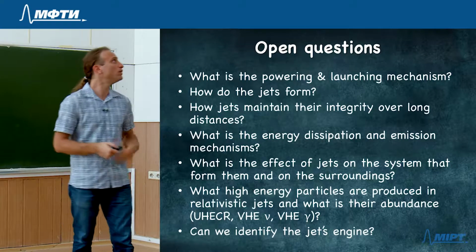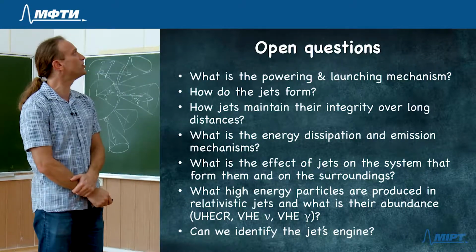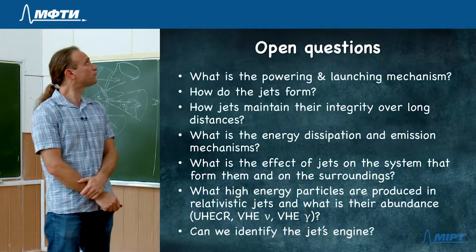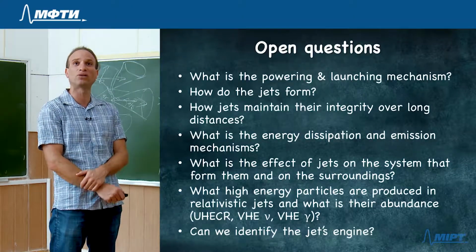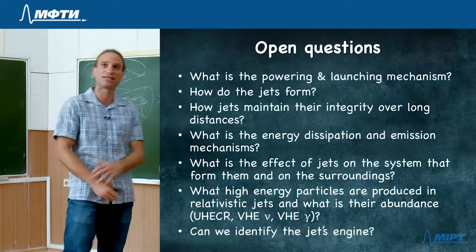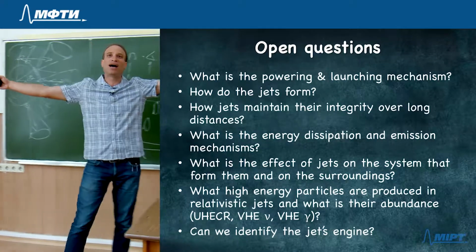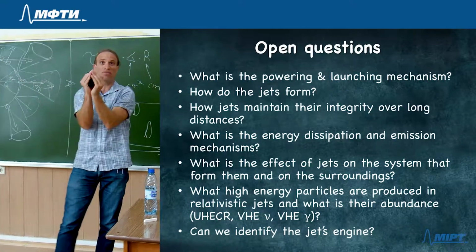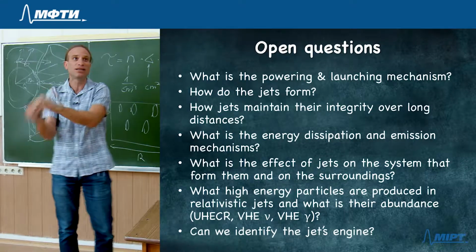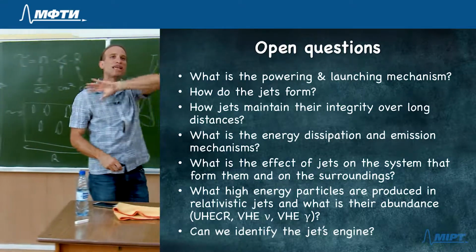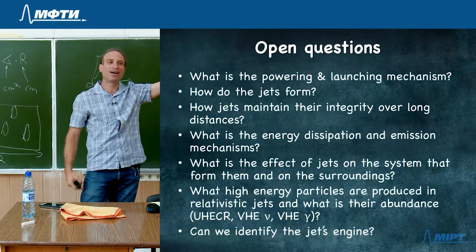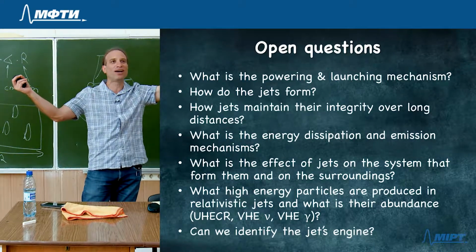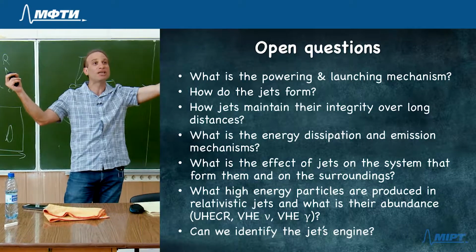Okay, when we dive into the physics of the jet, there are many challenges about how to do that. If we want to simulate it, one of the main problems with simulating jets is the huge scale difference that we have. We start from a very small black hole, a very compact object, and we reach distances of 10 to the 6, 10 to the 7, 10 to the 8 times the original size that we started the jet from.